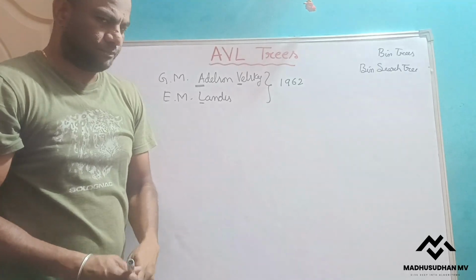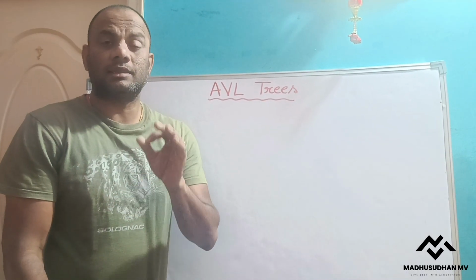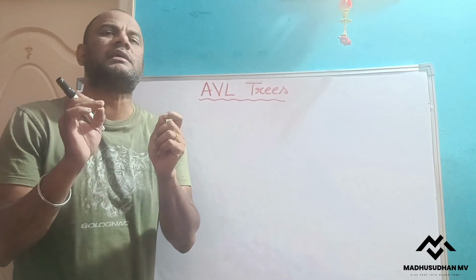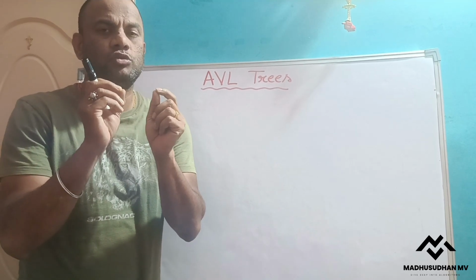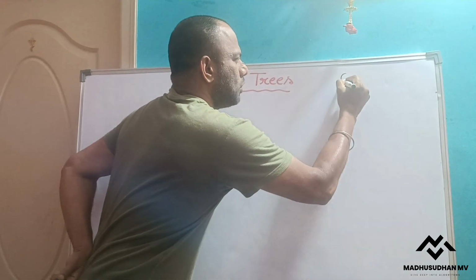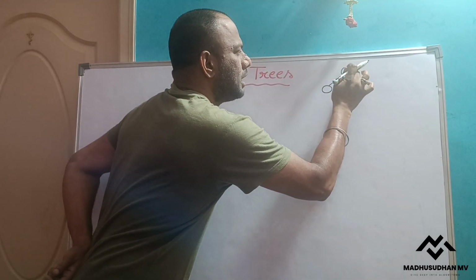Now, a binary tree is a tree in which every node has a maximum of two children. No node should have more than two children. For example, this is a root node. It can have at most two children and cannot have a third one.